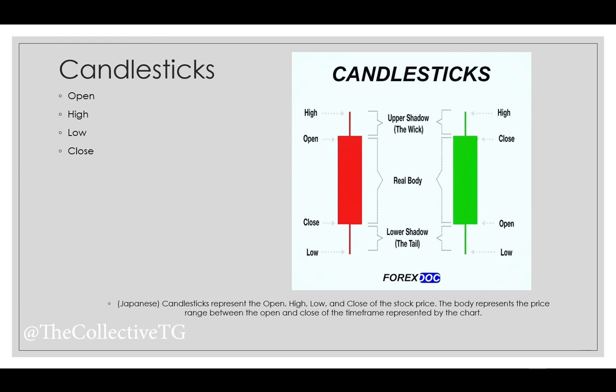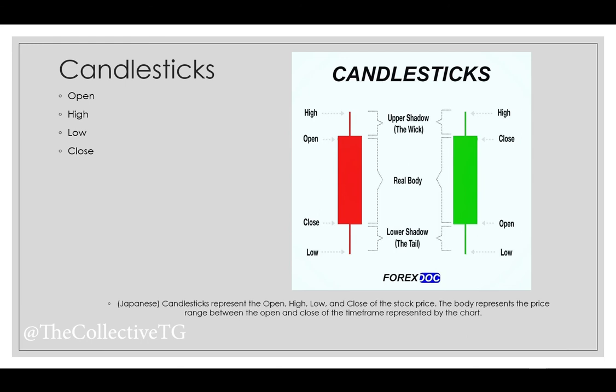And the reverse, we still have the open here, represented by the low of the body of the candlestick. Then you have your high, still represented by the top of the wick, and then you have your low, represented by the bottom of the wick.